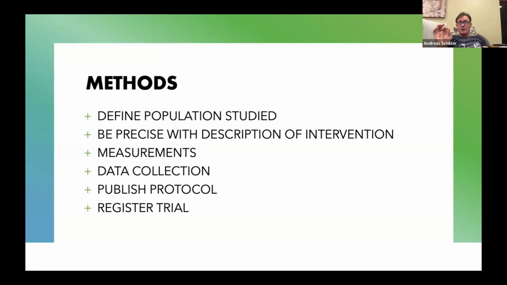Go down the track that you say, I want to protect the primary outcome. That means I want to describe 100% of my primary outcome to be fulfilled. You don't want to miss out. Then, of course, publish your protocol. If you have a protocol, put it on to BMC, BMJ, or whatever journal you want to publish it in, and register your trial. These are the two main steps to get your trial published. Otherwise, you're going to be screwed.